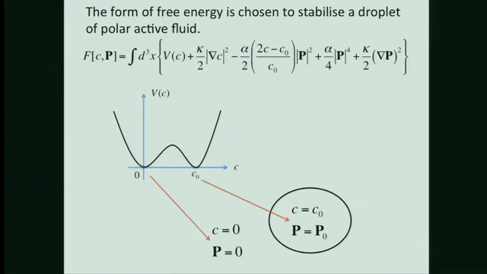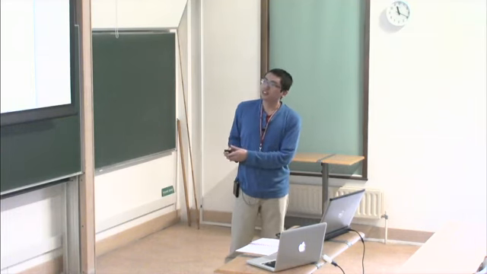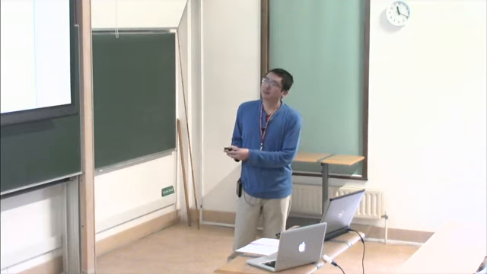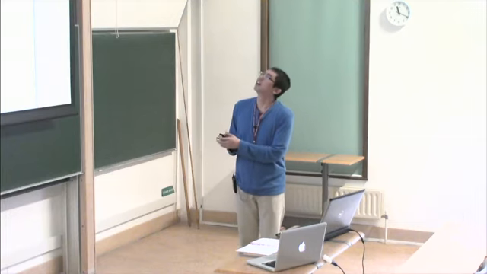For simplicity, we introduce a free energy functional like this. So first we have phi of C, which is a double well potential similar to a binary liquid. If you look at this potential, it has two minima. The first is at C equals 0, which corresponds to the exterior of the droplet, and the second minimum is at C equals C0, which corresponds to the interior of the droplet.